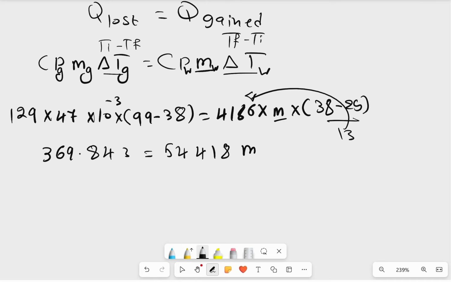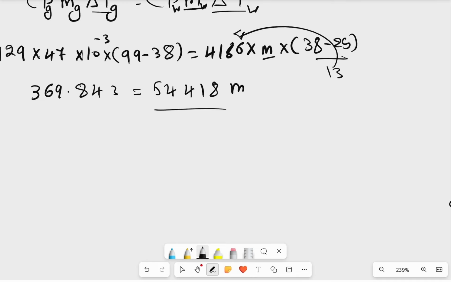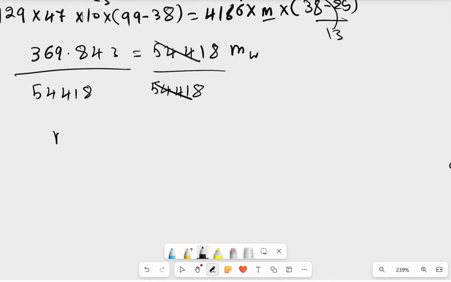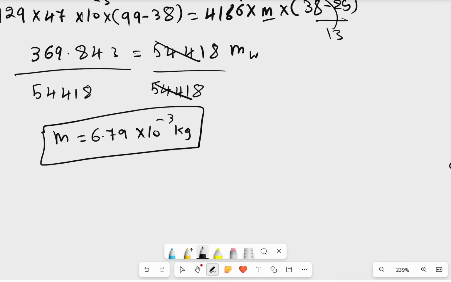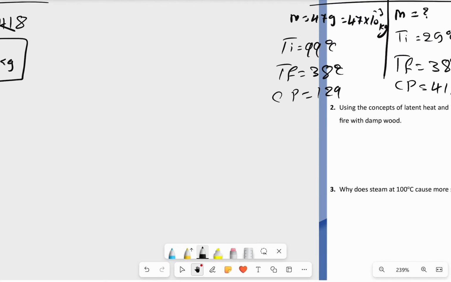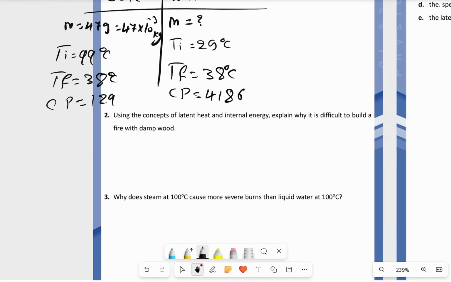Now divide this by 54,418, and divide the same number on the other side, so it cancels. The mass of the water is equal to 6.79 times 10 to the power minus 3 kilograms. This is the mass of the water at 38 Celsius.